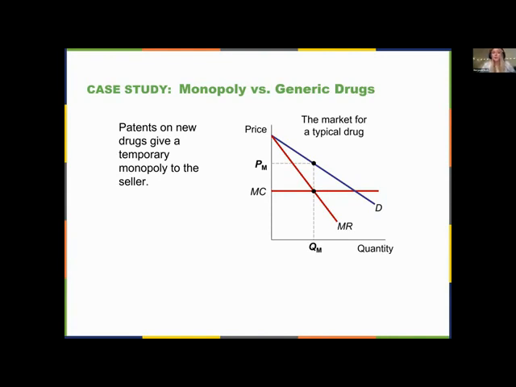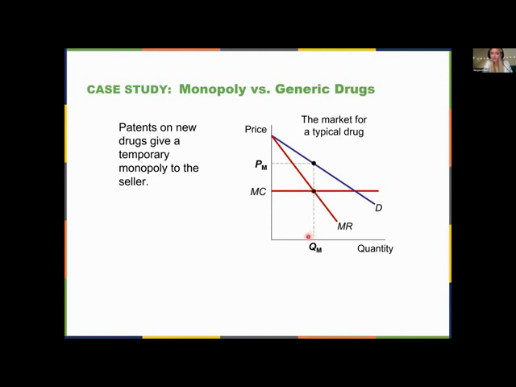So, if this company does request a patent on this vaccine, this gives this company monopoly power in the market for the coronavirus vaccine. So the quantity that this firm produces of the coronavirus vaccine, if they're a monopoly, is where marginal revenue and marginal cost intersect.